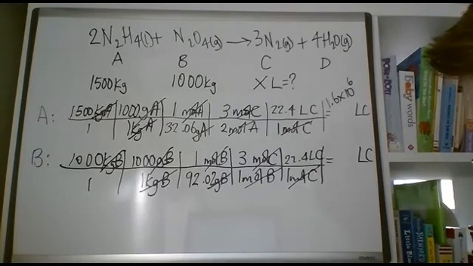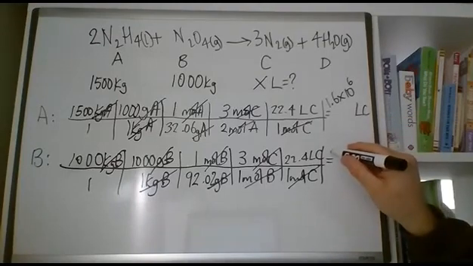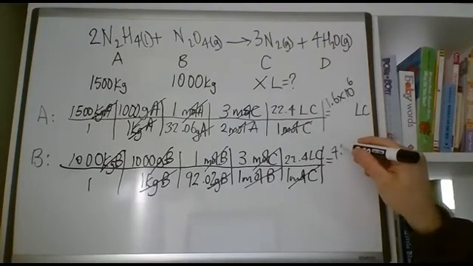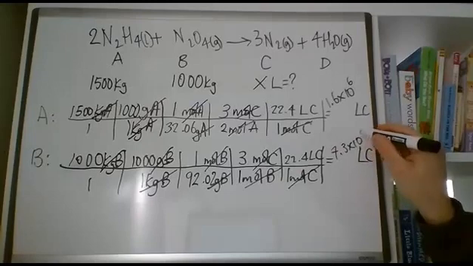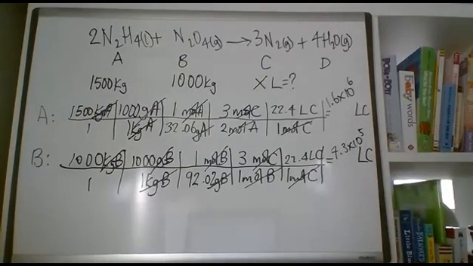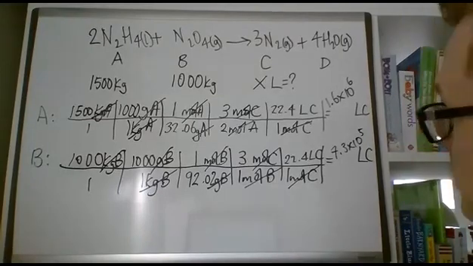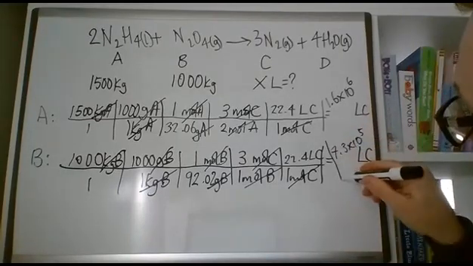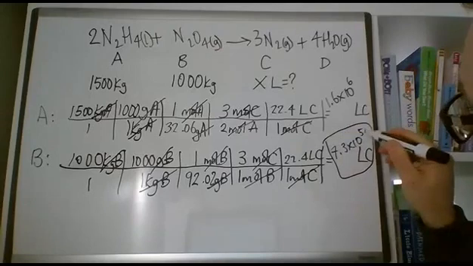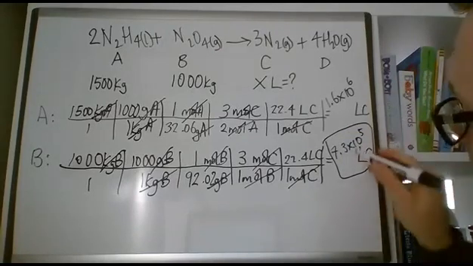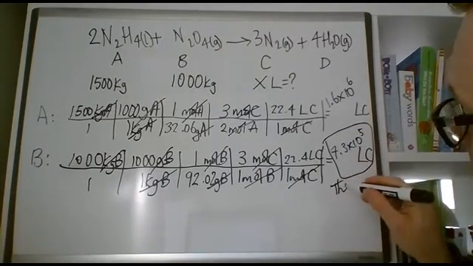So this is going to be a big number, but not quite as big, 7.3 by 10 to the 5th. So you look at your two numbers and you ask which is the smallest. Well, clearly this is the smallest because its exponent is smaller. So the smaller value always gives you the theoretical yield.